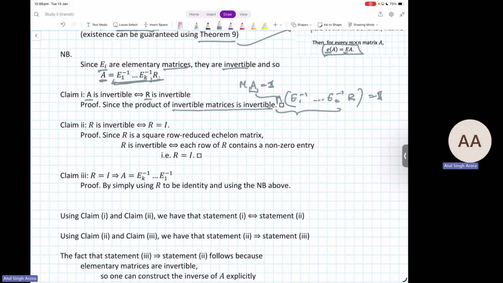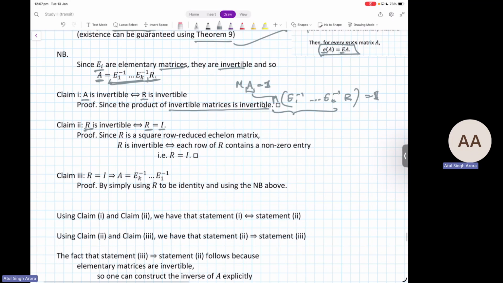Now the next one is: if capital R is invertible, then capital R is the identity.